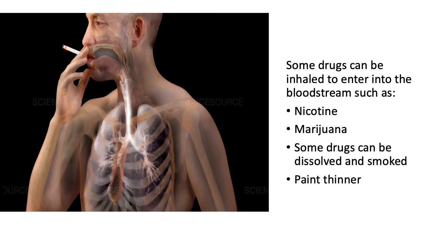During that process, some of the drug is lost. It's not the same as if you were to inject it into your veins. Some of it is lost because it is exhaled back into the environment or just processed in the lungs. However, a pretty large quantity can end up entering the bloodstream if a drug is taken this way.